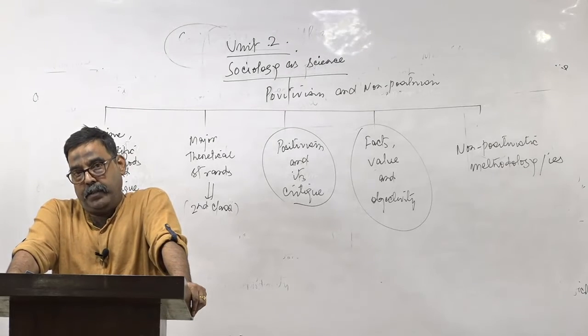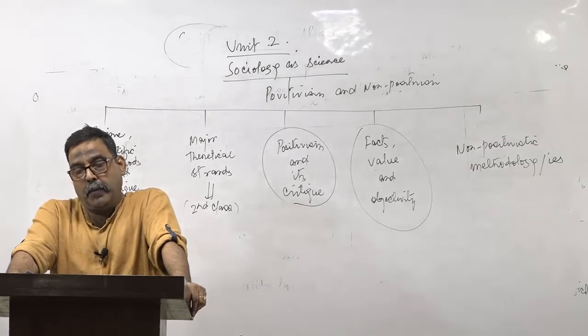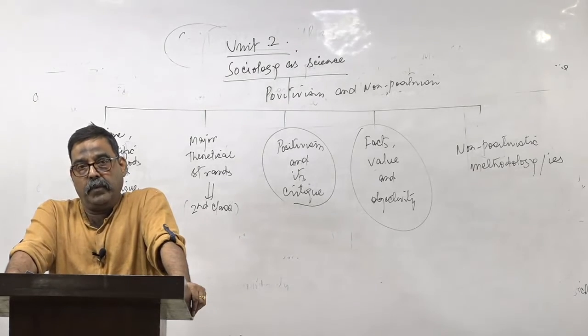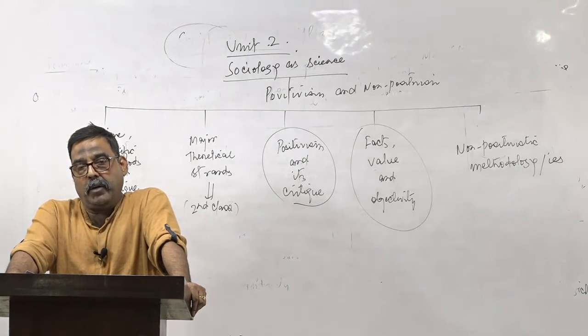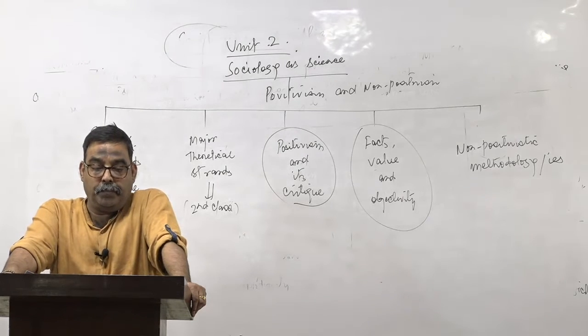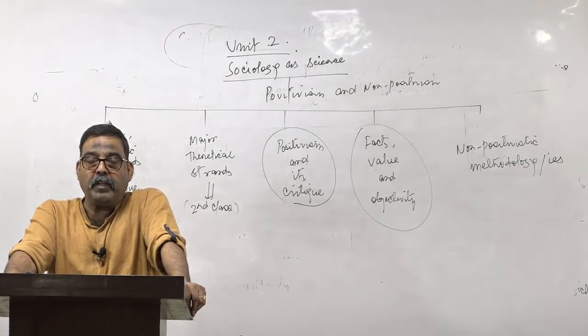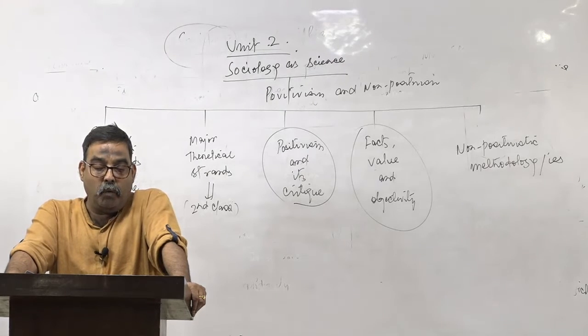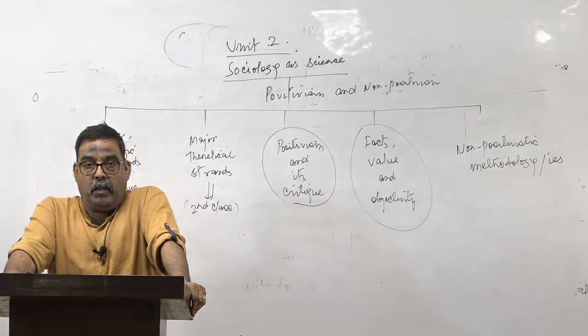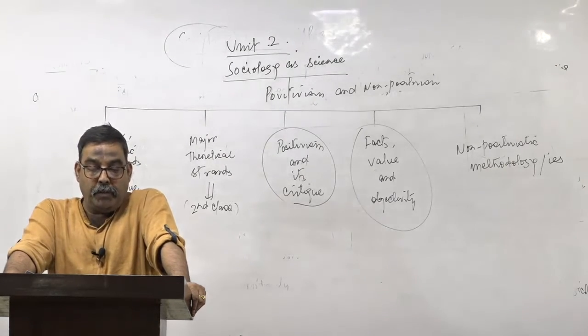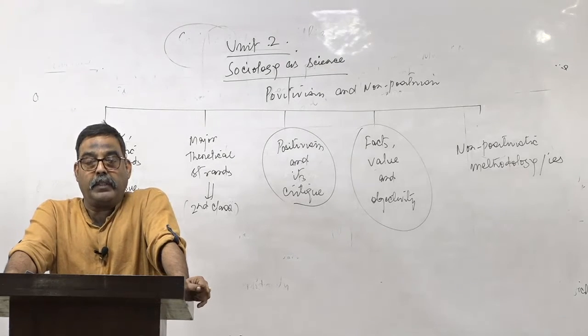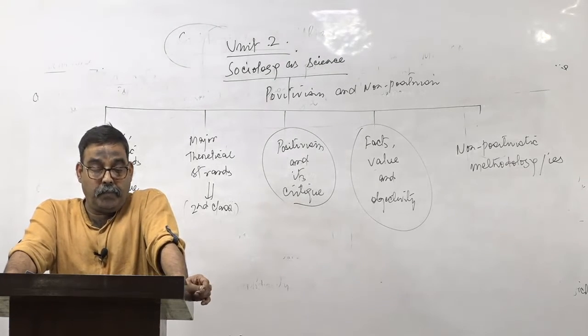If you look at the works of Auguste Comte, Herbert Spencer, Emile Durkheim, all have talked about the scientific nature of sociology, in which positivism as a scientific method of inquiry becomes the more important one, being based on observation, experimentation, testification, causality.